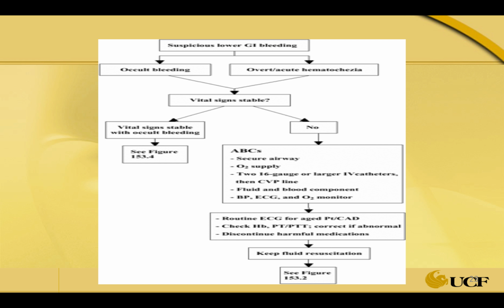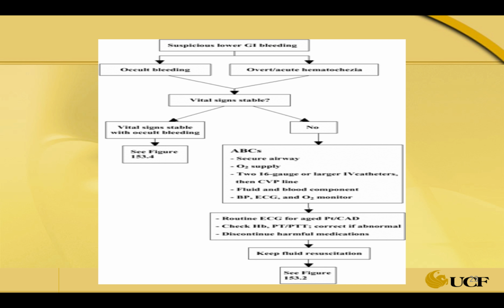If the patient is not stable, we go through the primary survey: airway, breathing, circulation. We secure airway, we administer oxygen, we place large IV catheters and CVP line if possible, and administer fluid and blood components. We monitor blood pressure, EKG, and oxygen saturation.